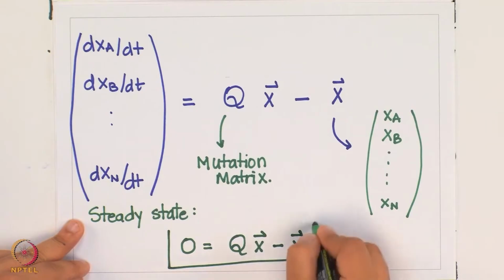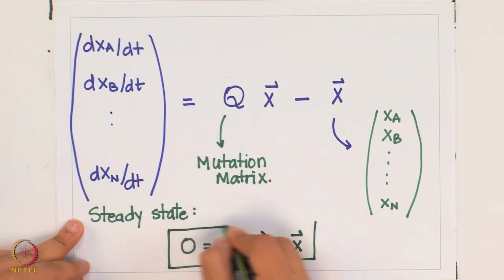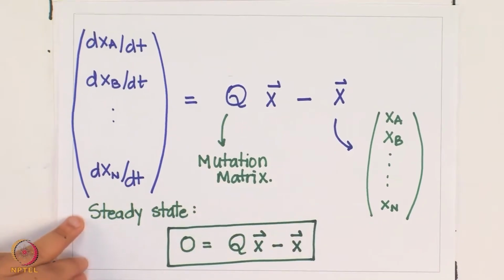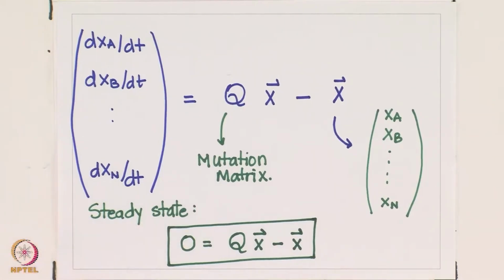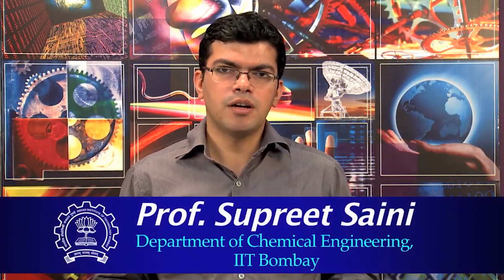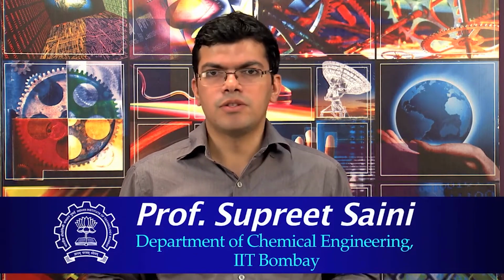This is the equation that we need to solve to solve the mutation between n distinct genotypes at any given point in time. And that's not a trivial task, and we're going to borrow help from concepts from linear algebra to be able to arrive at this solution.